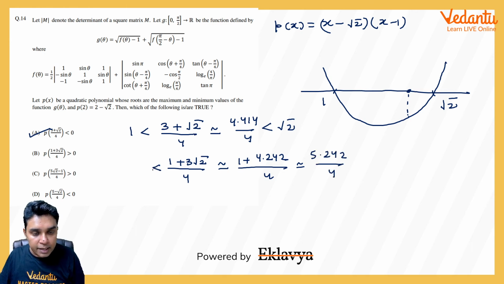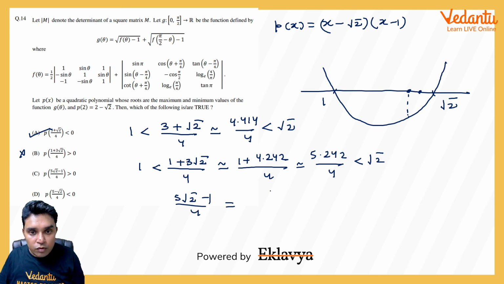Again this is greater than 1, and if I divide by 4 it will be 1.31 something, which is once again lesser than root 2. So this is again a number which is greater than the one in option A, but still lesser than root 2. So this will be a wrong option, because here we get a negative value, whereas they are saying it is positive.